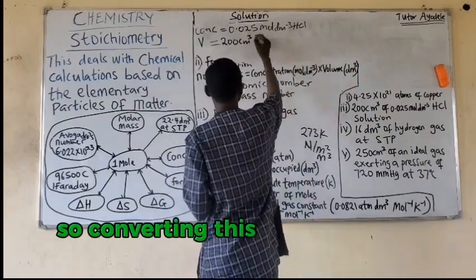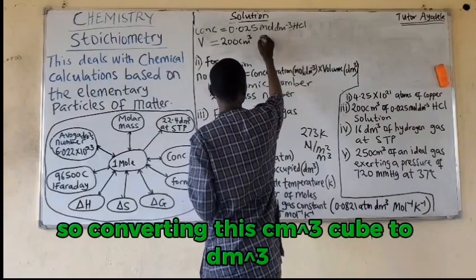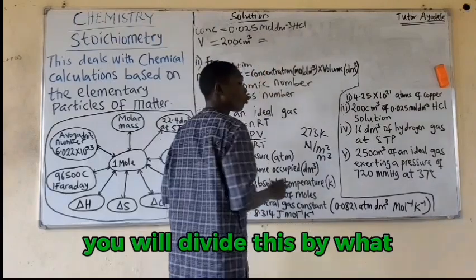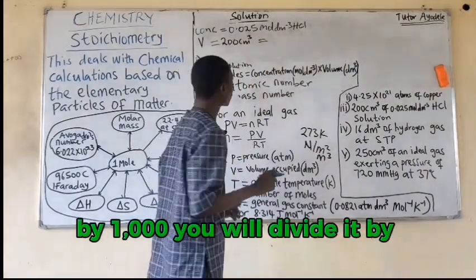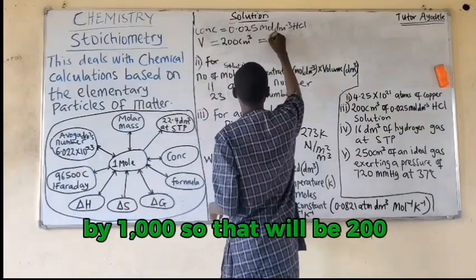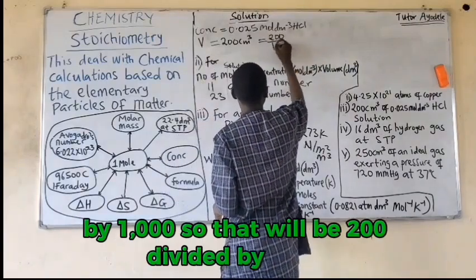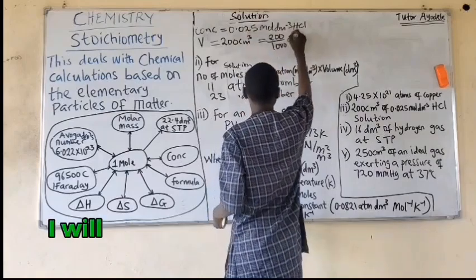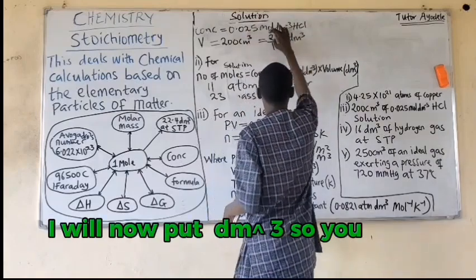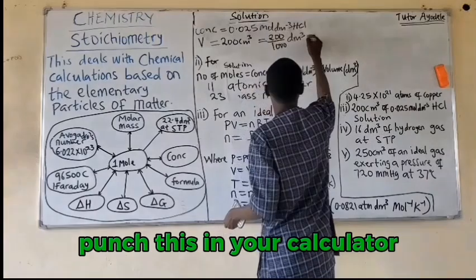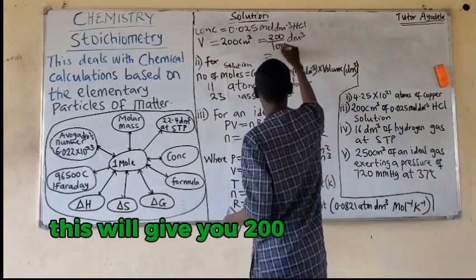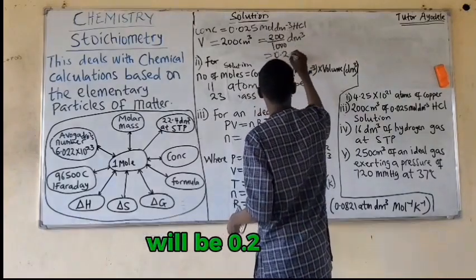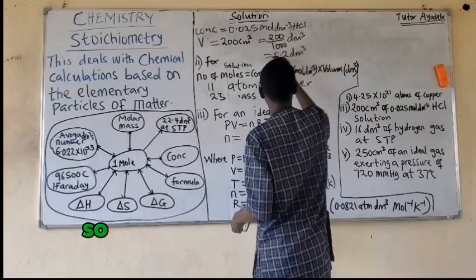So converting centimeter cube to dm cube, you divide by 1000. That will be 200 divided by 1000, which gives 0.2 dm cube. This is our volume.